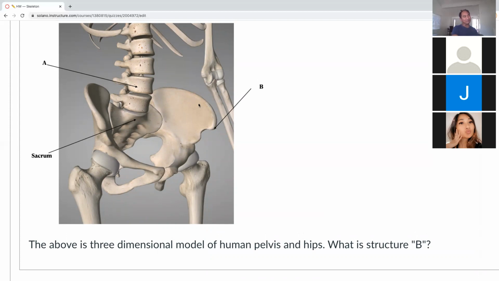This is the ilium bone. At the anterior point, if we feel on our body, we all can feel this very prominent bony prominence. That is what we call the anterior superior iliac spine. Anterior, because it is in the front of the body. If it is in the back here, we will say posterior.